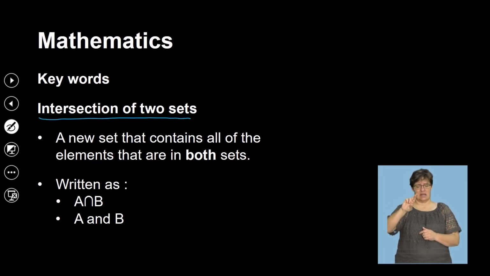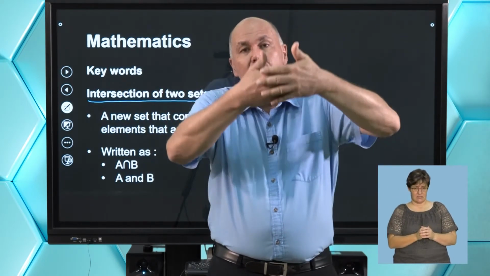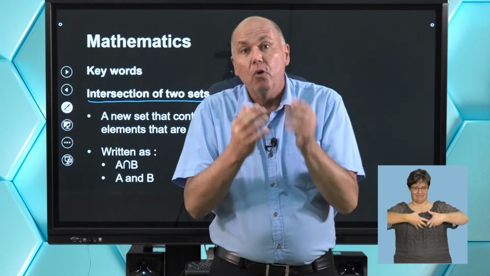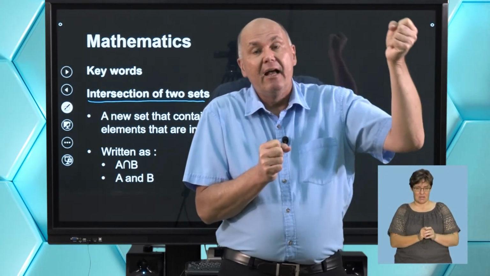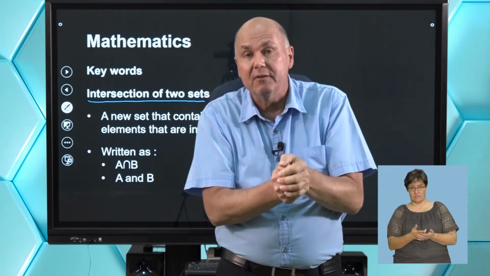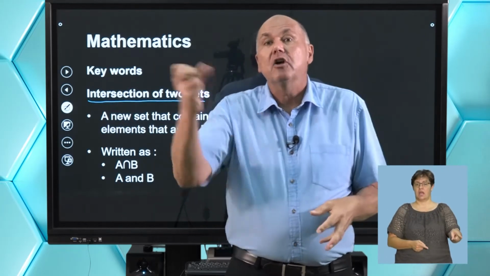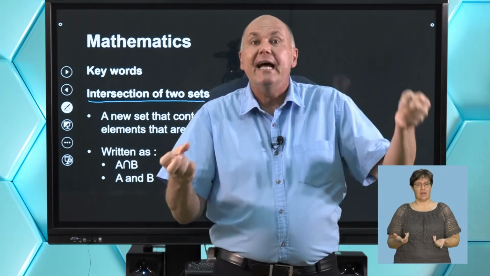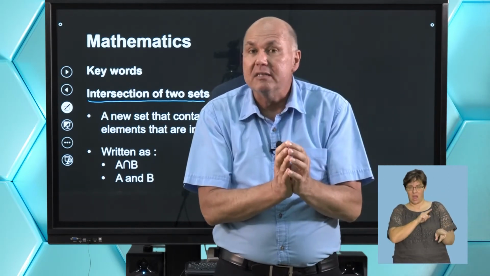So if we have an intersection, well, that means that they overlap in some way. It also means that there's an element that must be in set A and in set B if it's part of the intersection. It just can't be in A on its own. It can't be B on its own. It has to be in A and B if it belongs to the intersection.